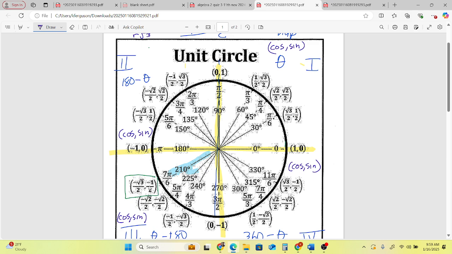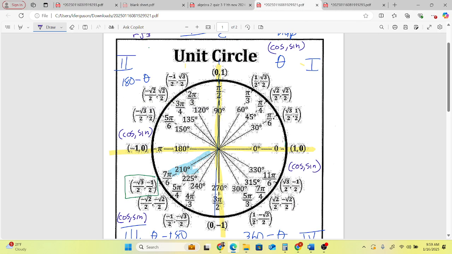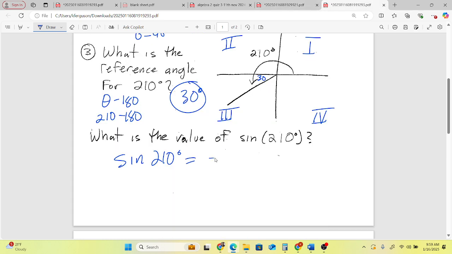The second coordinate is the sine of 210. So if I'm looking for the sine value of 210, that just means I need to go to the second one. Notice on my chart, I wrote cosine and sine in parentheses in that order so I would know that all of these values are set up like that, so I don't get confused and think that the first one is sine. So the sine for 210 is negative 1/2, and I'm done.